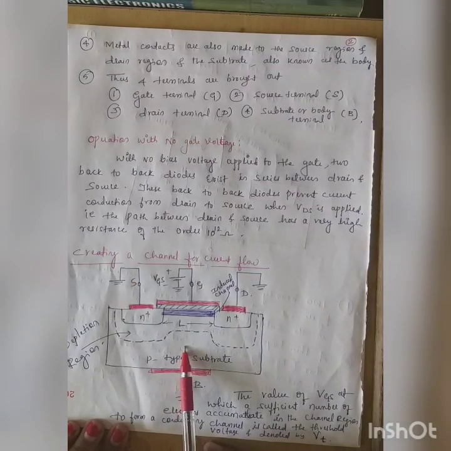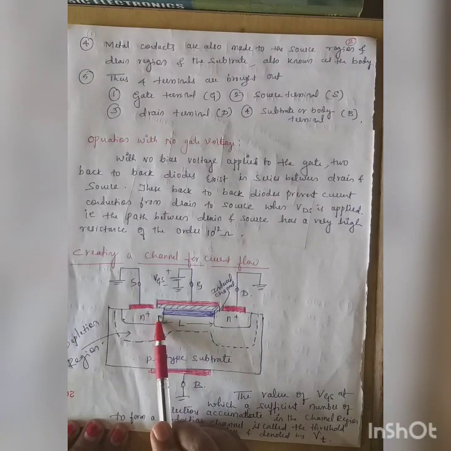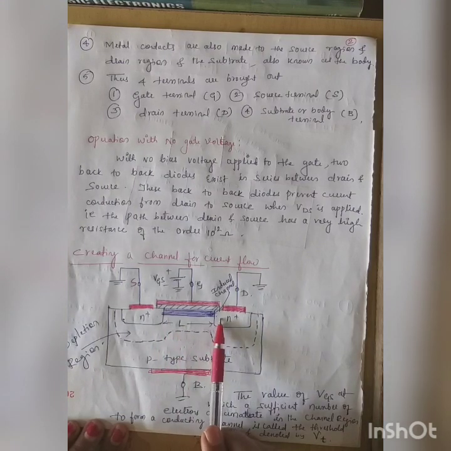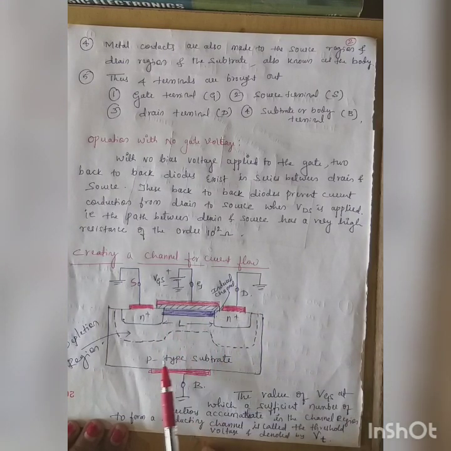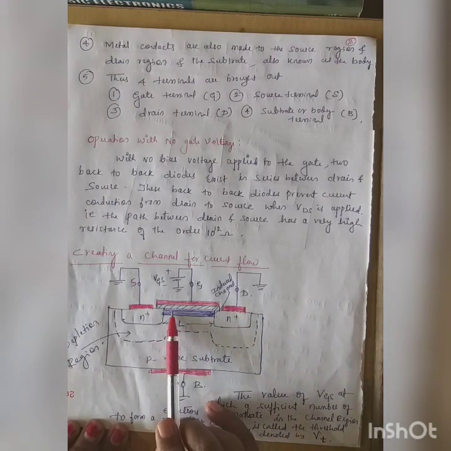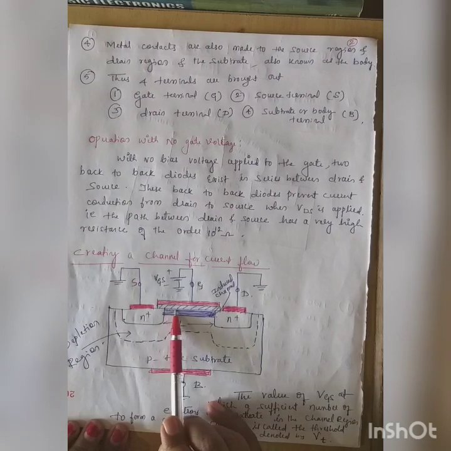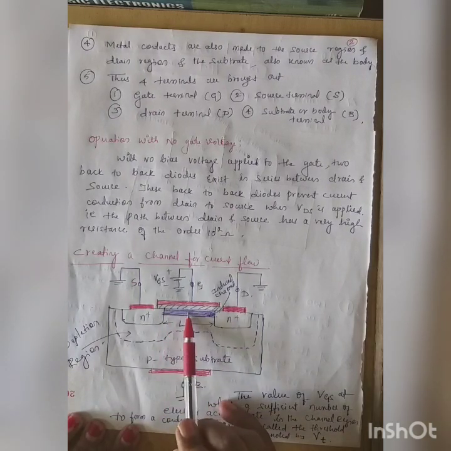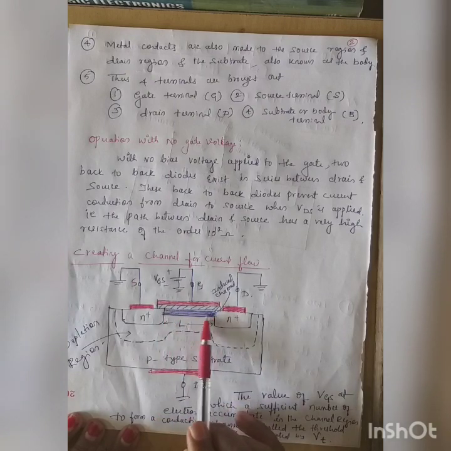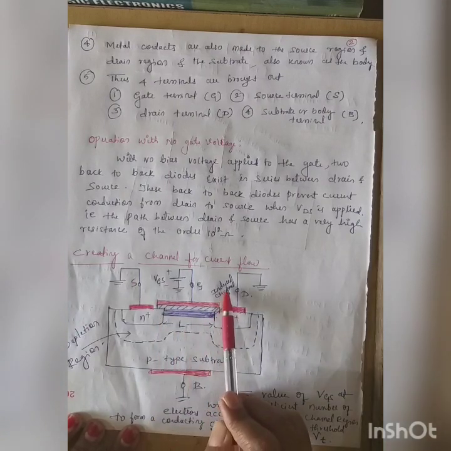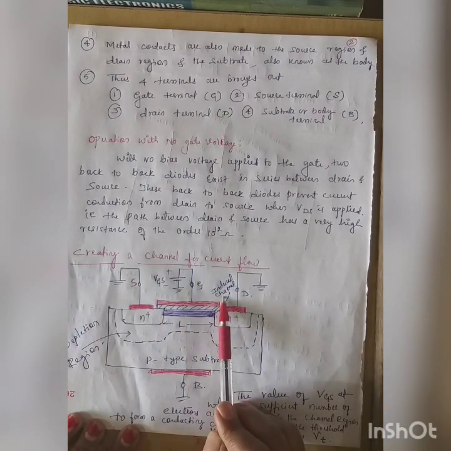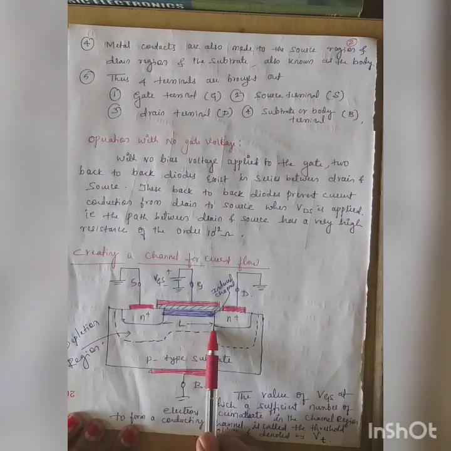Minority charge carriers from p-type, some electrons from this part, some electrons from this part. All of them move towards here and accumulate in this region and form a channel. This we call the induced channel, which is going to be of length L. So this is very important to create a channel.